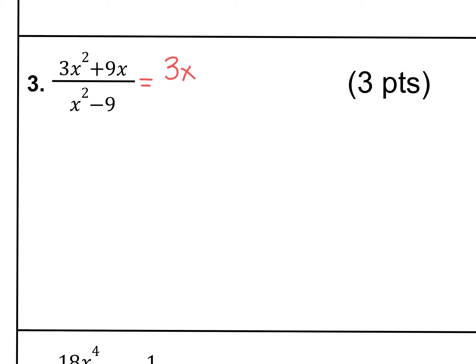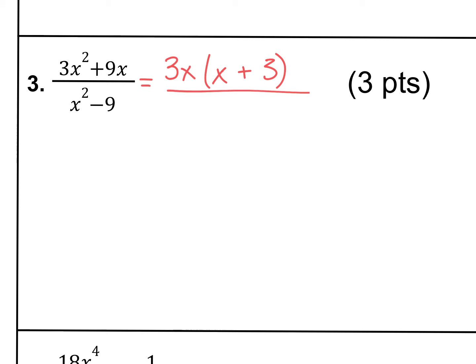Difference of squares, this is just going to be a number usually, or it's going to be a term that has x squared, and this one doesn't. Okay, so we'll keep going. So we took out a 3x, and what's going to be left? So 3x squared divided by 3x is just going to be x. Yep, and 9x divided by 3x is plus 3. Good.